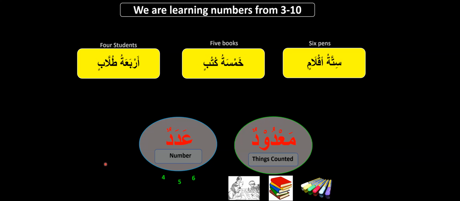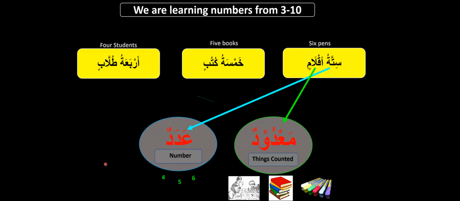So what we are learning from numbers 3 to 10, as we have seen last time. Sittatu is an adad. What is adad called in English? It is called number, right? And what is aqlam? Aqlam is ma'dud. Sittatu aqlamin means 6 pens. So 6 was the number, and number is called adad in Arabic, and what we are counting, in this case pens, is called ma'dud.